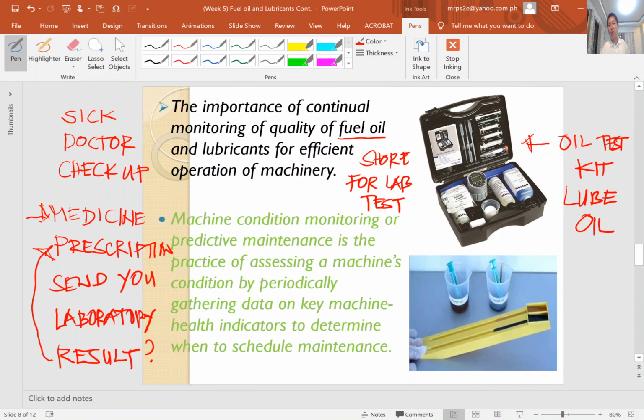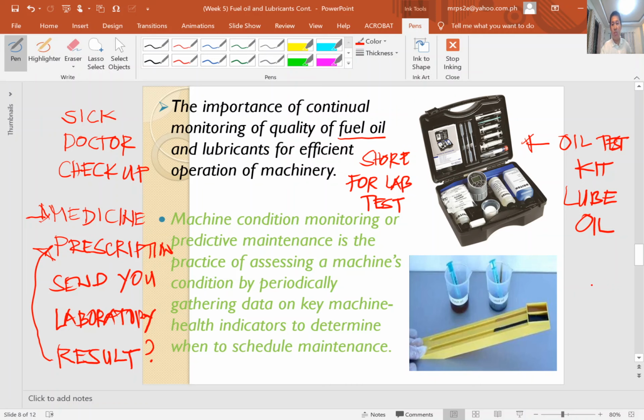The same also here. You test the oil and you will know the problem or there's no problem. You will know your engine's condition by the result of this oil test.